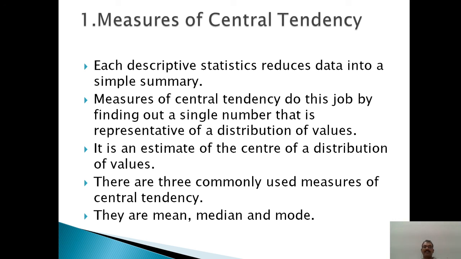It's an estimate of the center of a distribution of values. There are three commonly used measures of central tendency. They are mean, median, and mode. Some other measures are there, like geometric mean, harmonic mean, etc.